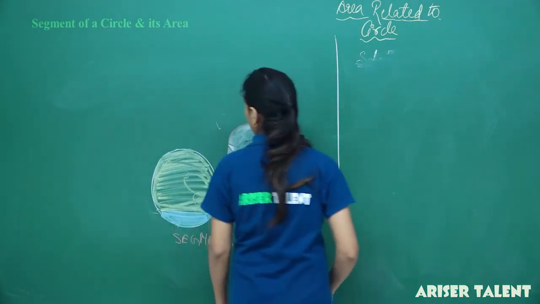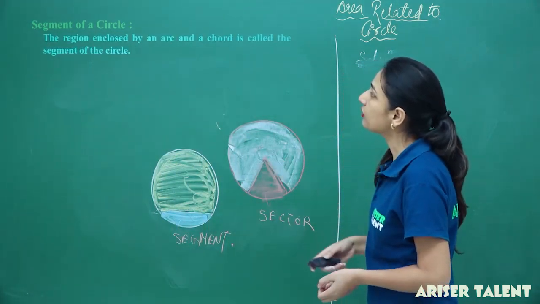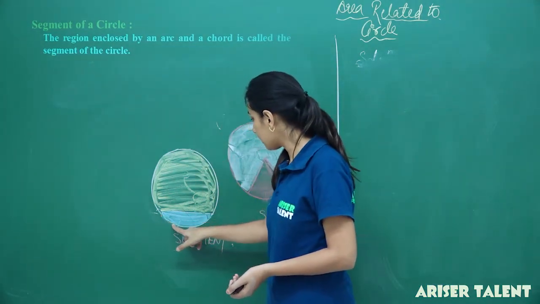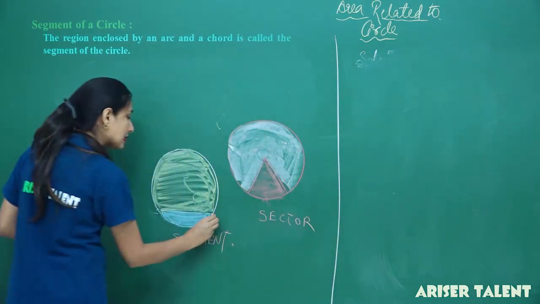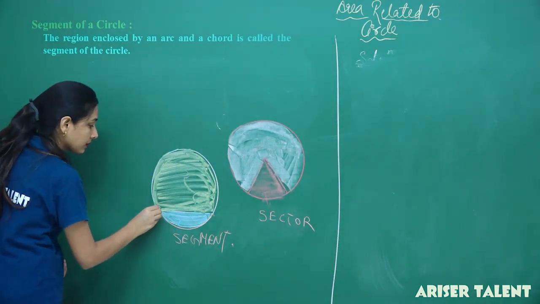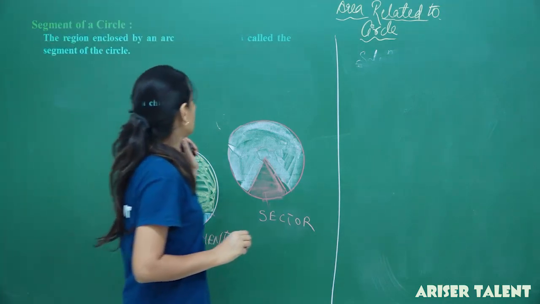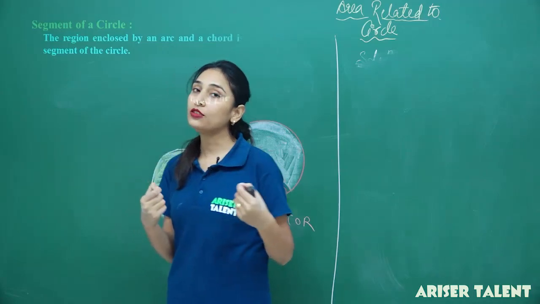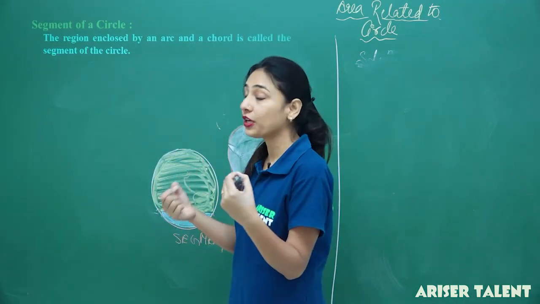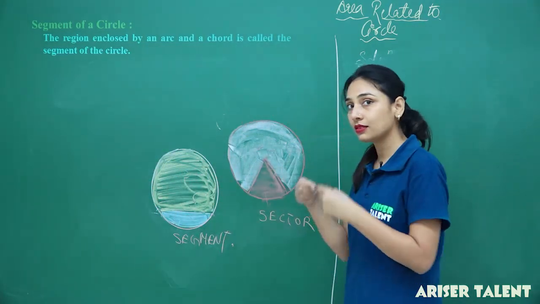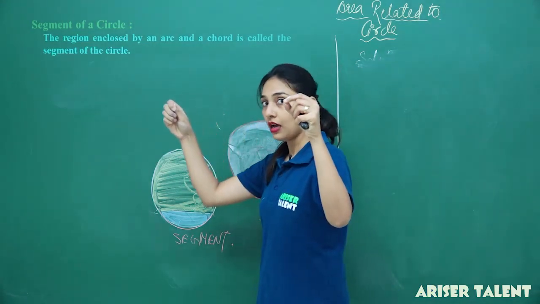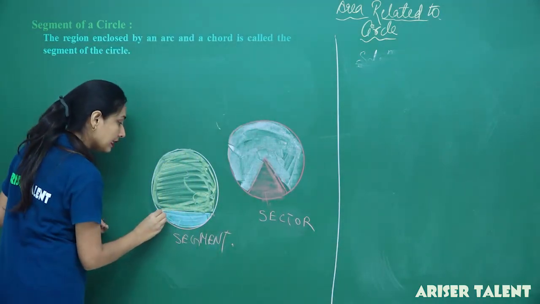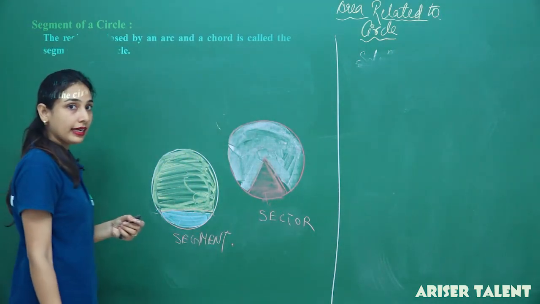Okay. Now here segment of a circle, the region enclosed by an arc. Now this is arc in this condition, this is arc. Okay, and the chord. Chord is what? When you meet two points in a circle, that is known as chord. So area enclosed by this arc and this chord is known as segment, right?